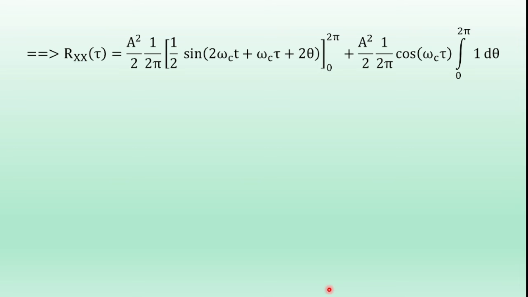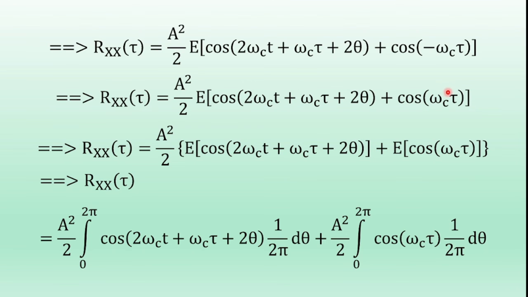That is, Rxx of tau is equal to A square by 2 into 1 by 2 pi into the integral of cos of (2 omega c t plus omega c tau plus 2 theta), whose integration is 1 by 2 sin of (2 omega c t plus omega c tau plus 2 theta) over 0 to 2 pi, plus A square by 2 into 1 by 2 pi into the integration with respect to theta. In the second term, cos of omega c tau is a constant, so it is written before the integration.